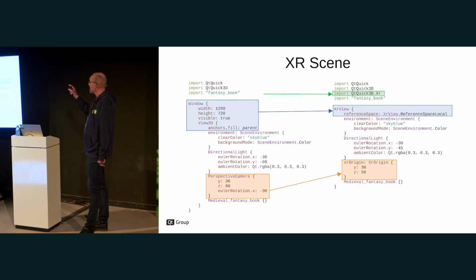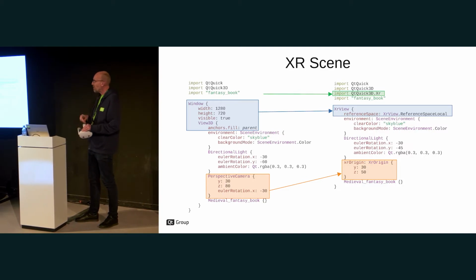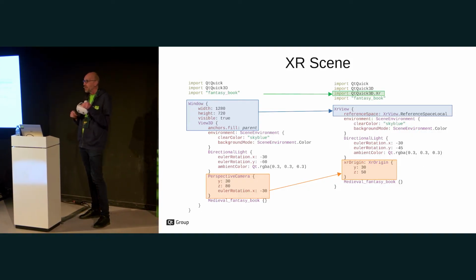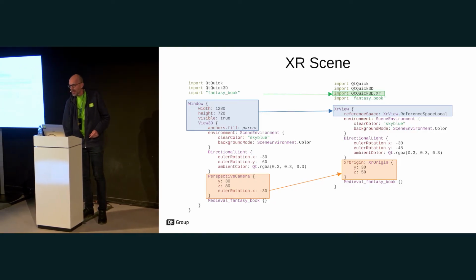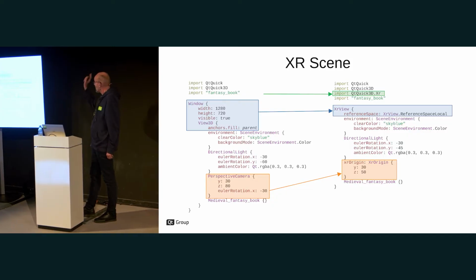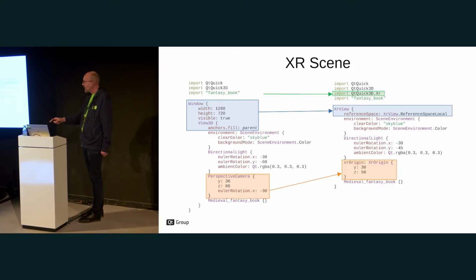In this case, we're using the local reference space, which we're going to come back to later, but the local reference space is the point the headset was at when the user pressed the center view button in their user interface. The environment, the lighting, the content all stay the same. And then we replace the perspective camera with the XR origin.